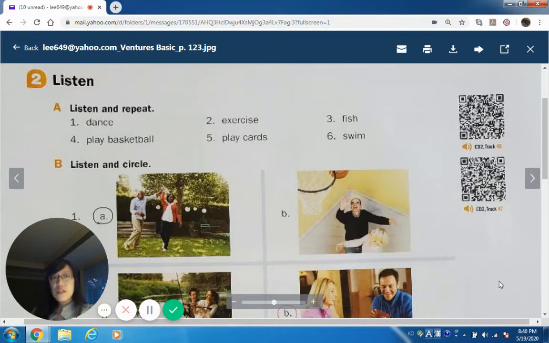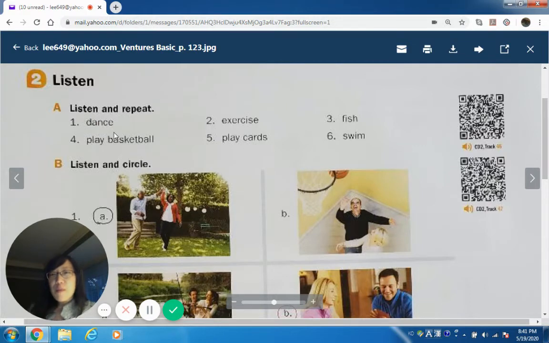Fish. 4. Play basketball. Play basketball. 5. Play cards. Play cards. 6. Swim. Swim.